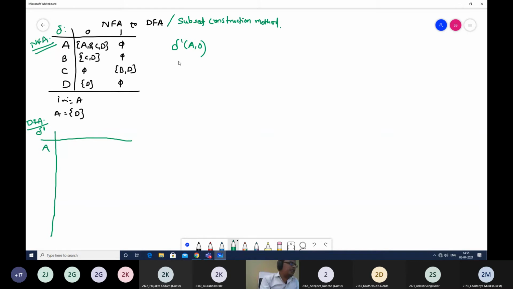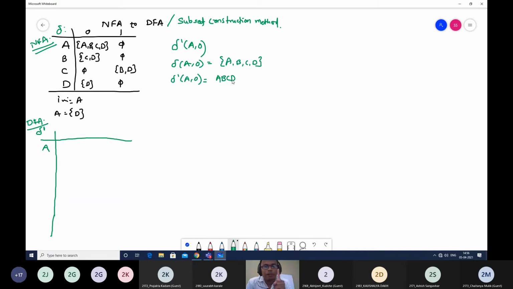So for that, first we'll refer to delta of A comma 0. What is delta of A comma 0? Delta of A comma 0 is A comma B comma C comma D. Now what we do, my dear students, we write delta dash of A0 as ABCD. See, now this ABCD is treated as a single name.